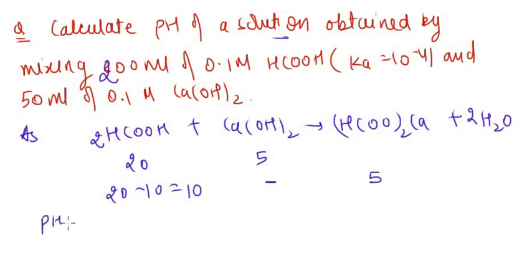So pH equals pKa plus log salt upon acid. So salt is like... now how much salt is formed?